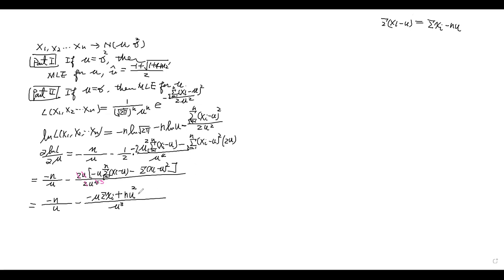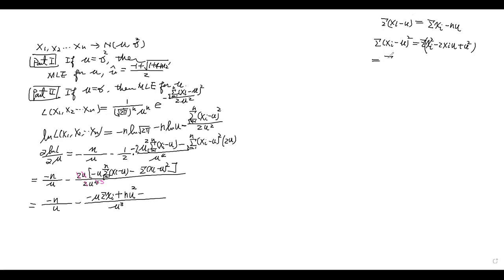All right, so the next thing is the summation of xi minus mu squared, which I want to expand. This one will be the summation of xi squared minus 2 xi mu plus mu squared.